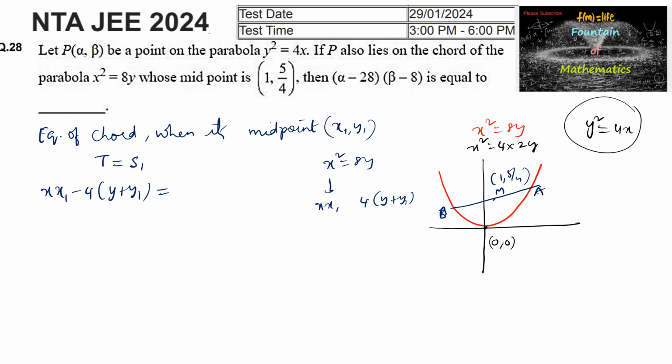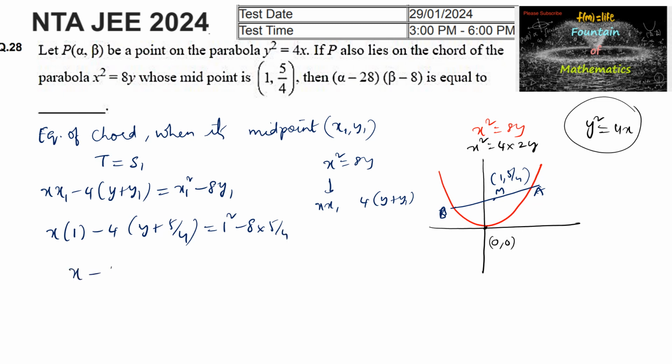S1 means substituting the point (x1, y1) in the equation. So we'll have x1 square minus 8 times y1. Since the midpoint is given (1, 5 by 4), substitute: x into 1 minus 4 times (y plus 5 by 4) is equal to 1 square minus 8 into 5 by 4.